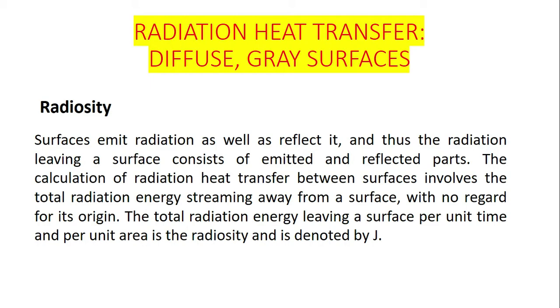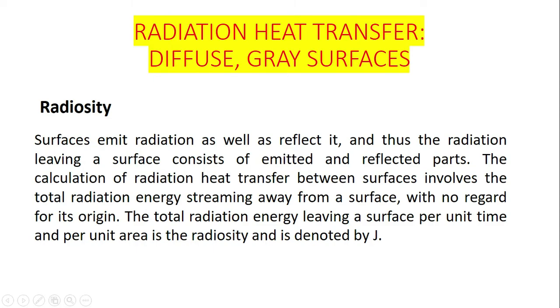The definition of the radiosity is that the total radiation energy leaving a surface per unit time per unit area is called the radiosity, and it is represented by J.